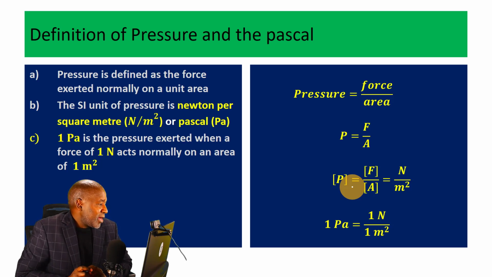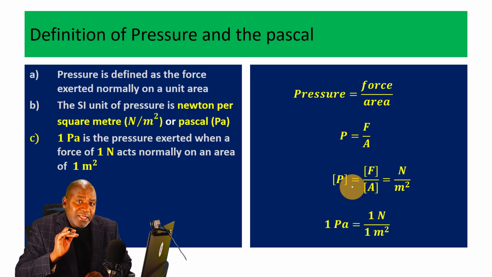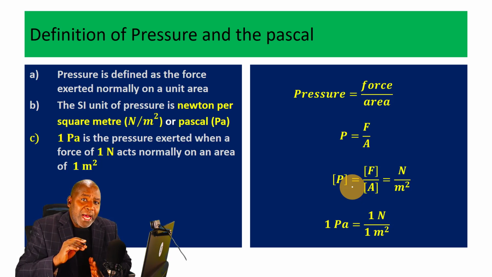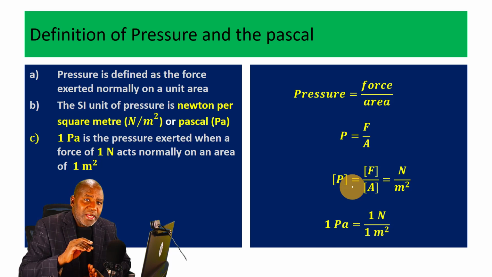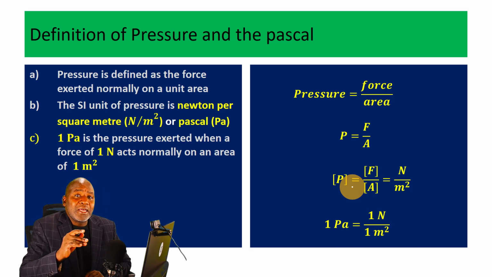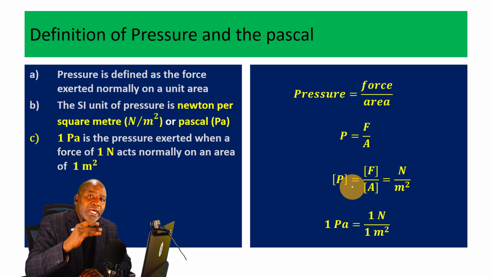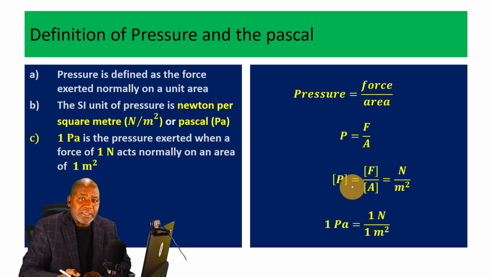Remember, we have defined the physical quantity pressure and stated that pressure has the SI unit Pascal, and because Pascal is not among the 7 base units, it must be defined. What is the Pascal? The Pascal is the pressure exerted when a force of 1 Newton acts normally on an area of 1 square meter.